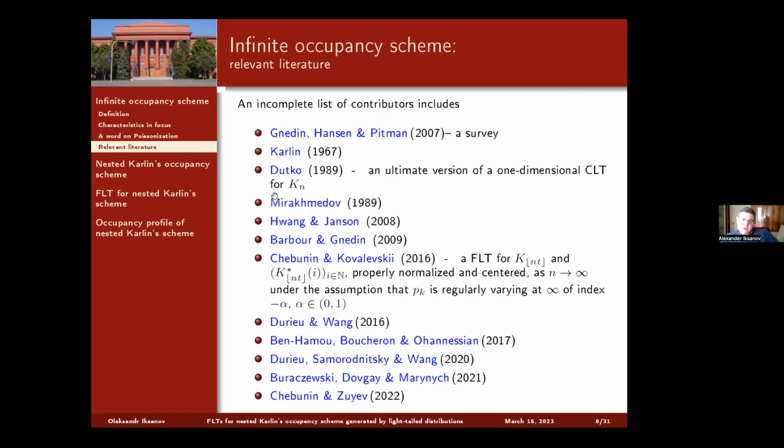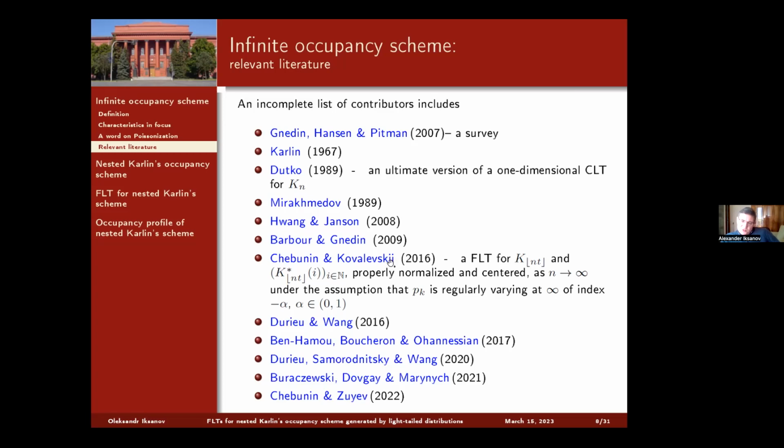Dutko has proved that Kn centered with its mean and normalized by the standard deviation satisfies a one-dimensional central limit theorem if and only if the variance of the number of occupied boxes diverges to infinity.